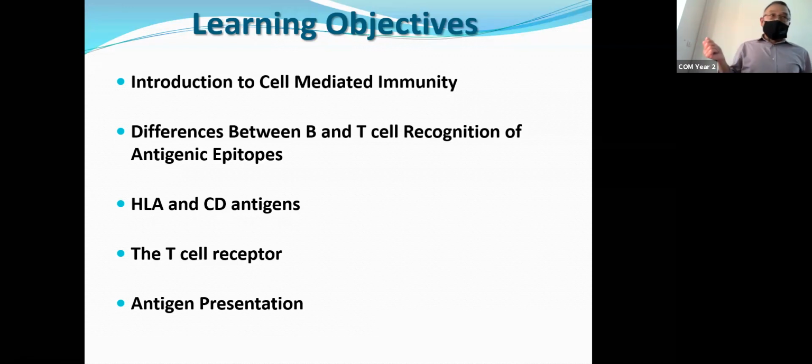And if there's time, I'll talk about how antigens are processed by macrophages and dendritic cells to load onto these MHC molecules to be recognized by T lymphocytes.